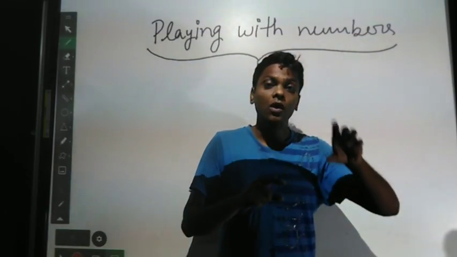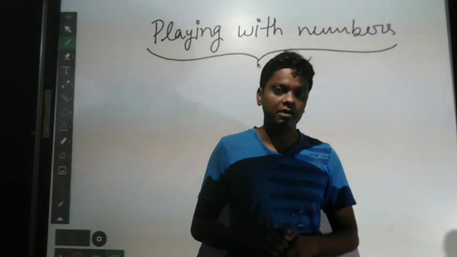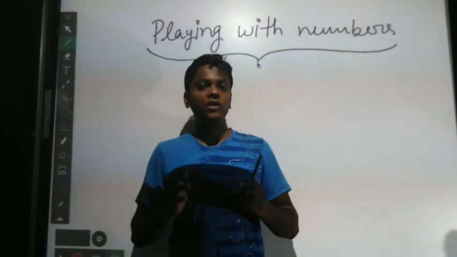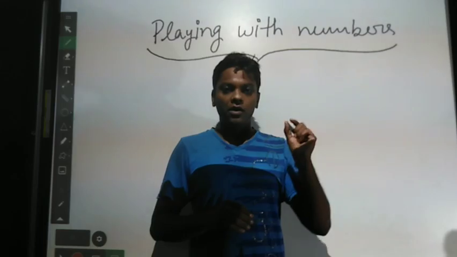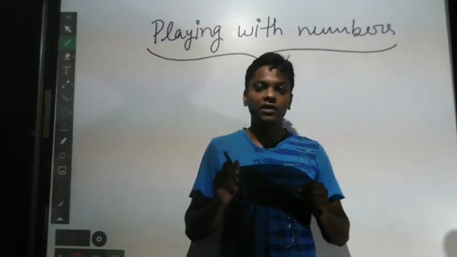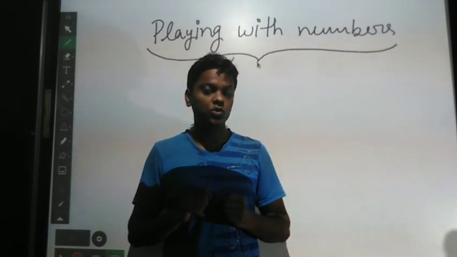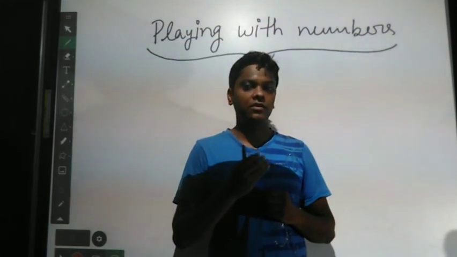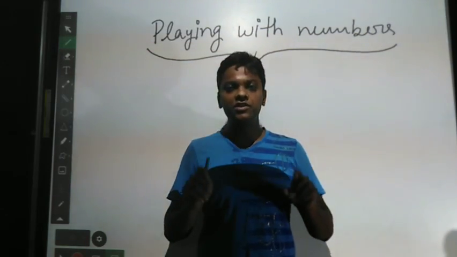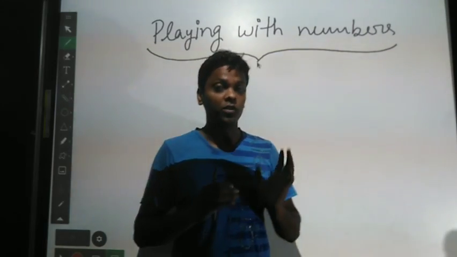We can do firstly subtraction or multiplication or division or anything else. So when it all comes together in an equation, in a question, and we have division, multiplication, addition and subtraction also, then what is the order of all these things? What kind of precautions do we have to take in all these?